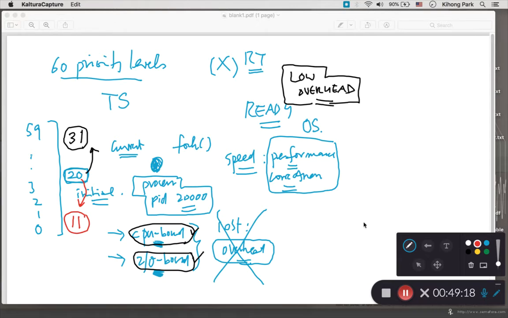In this case, we say that this process is being promoted, and here it's being demoted, for obvious reasons. We are decreasing priority, we are increasing priority. So the priority is not fixed anymore.